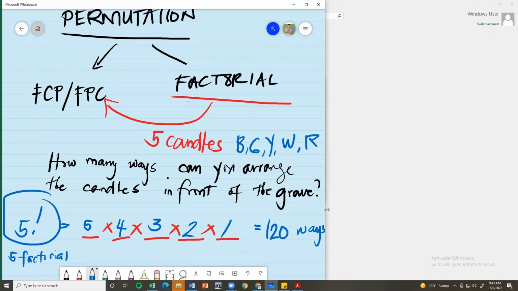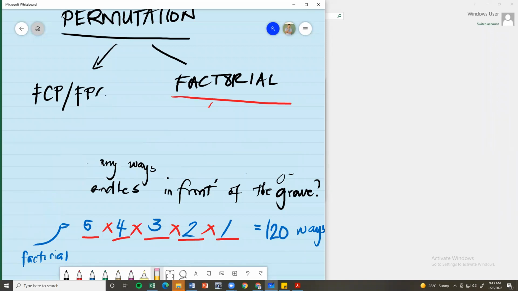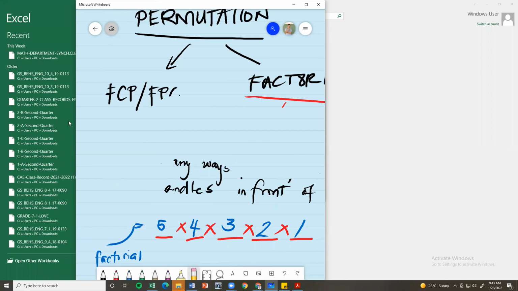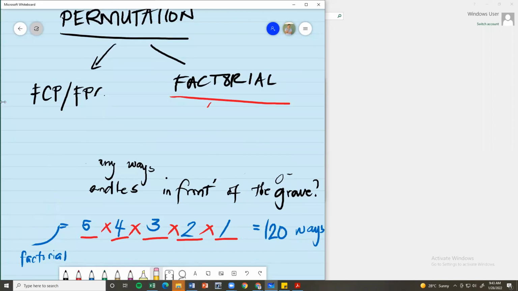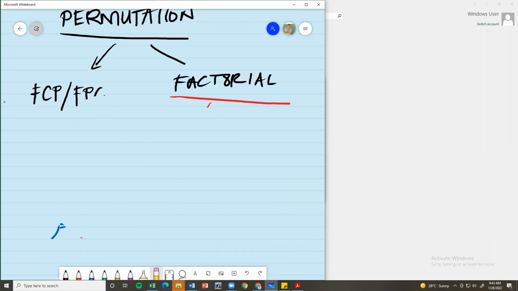Show me a reaction if that's clear so far. Very good. See? Ganun lang siya kasimple. That's factorial. Okay? Factorial is based from FCP, which is finding the number of ways without repetition. Okay, next. Let's have another.